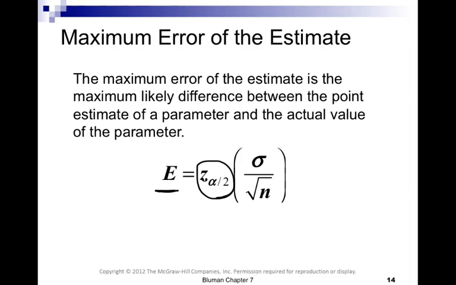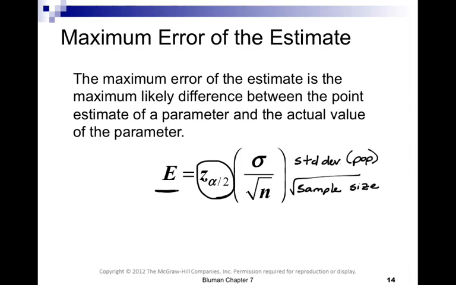So this one again is the standard deviation, and n is the sample size. And this is the population standard deviation. All right, so that's the maximum error of the estimate.